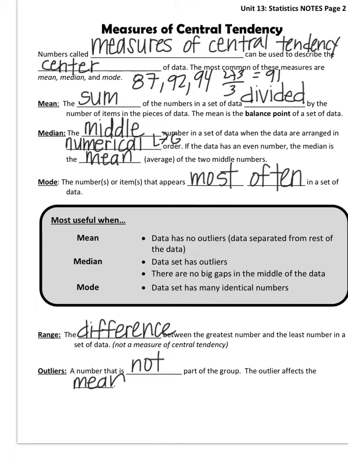Okay, then it's also important to know what the range is. Again, range is not a measure of central tendency. We'll highlight that. But range is finding the difference between the greatest number and the least number in a set of data. There was a question you guys had on your integers test way back when school started.